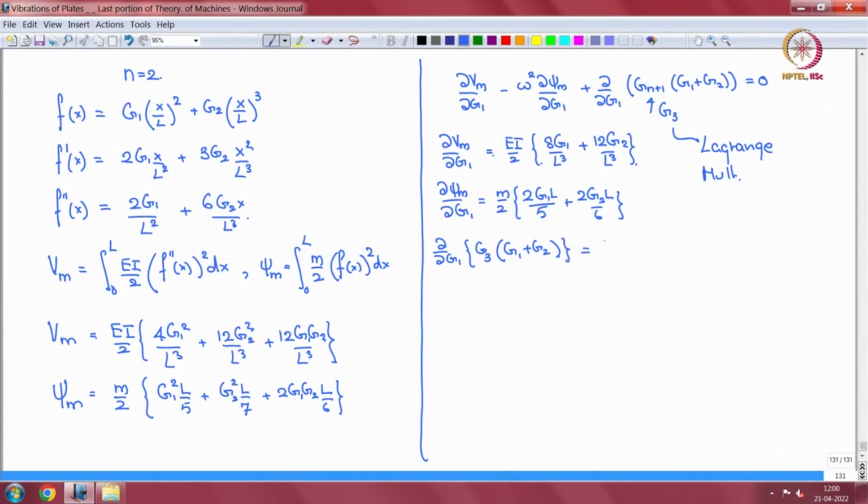So that is equal to G3. Okay, so that's one for equation 1.